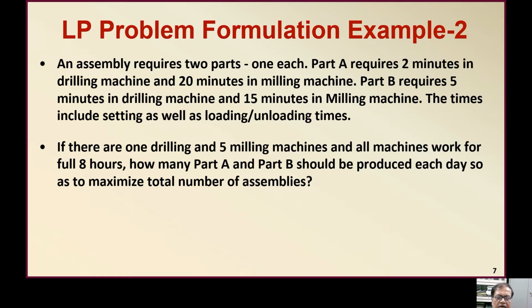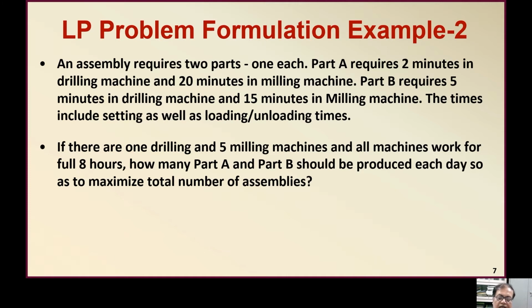Usually whenever you are working with machines, there are other times required, that is the setting time, loading time, unloading time, jigs and fixtures, then worker fatigue. Then we also have people coming and going, shift changes, the shift beginning, some maintenance work.